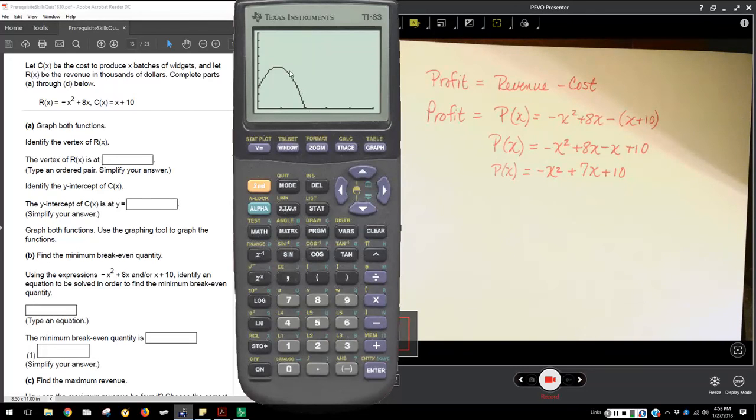And as I expected, just like R of x, it is an upside down parabola, so it has a maximum value. I can find its maximum by going to second trace and choosing number 4, maximum.